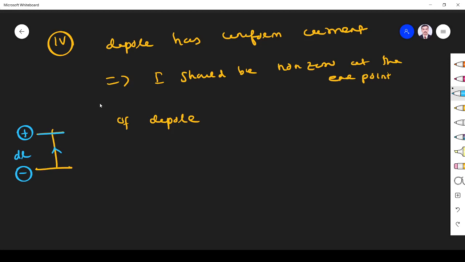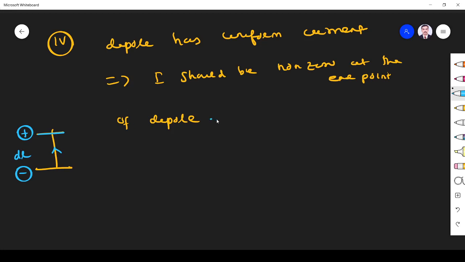So the current cannot be zero at the end point of the dipole, right? So this is practically impossible, because the surrounding medium is non-conducting medium. Yes or no? But the end point is having charges. So this is somewhat contradictory, right?